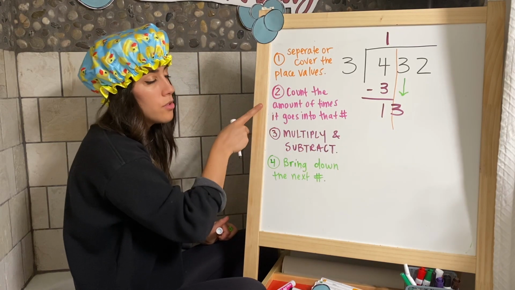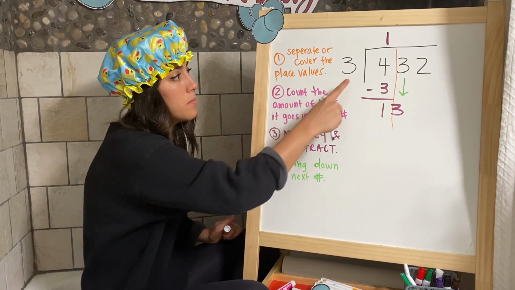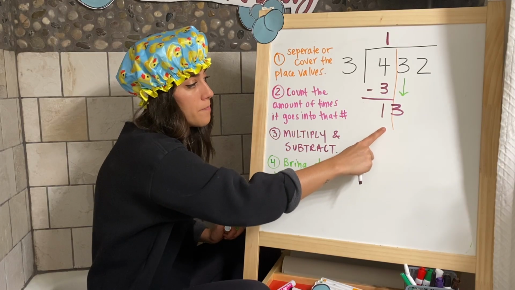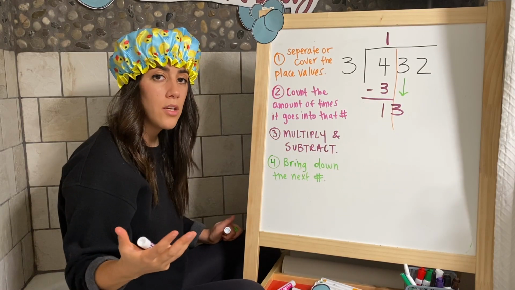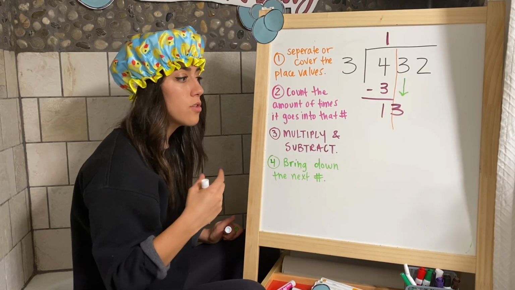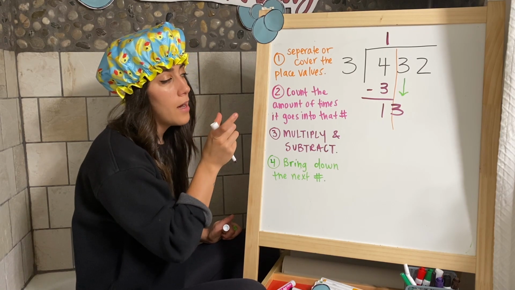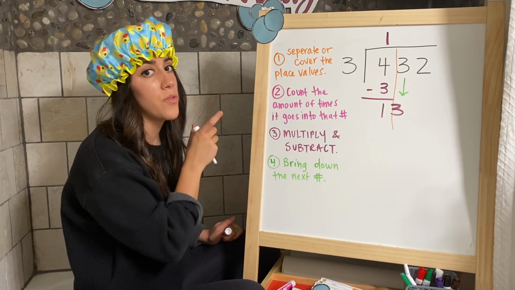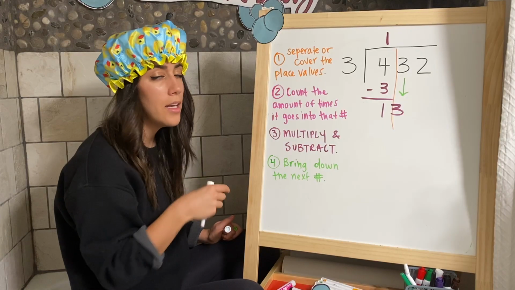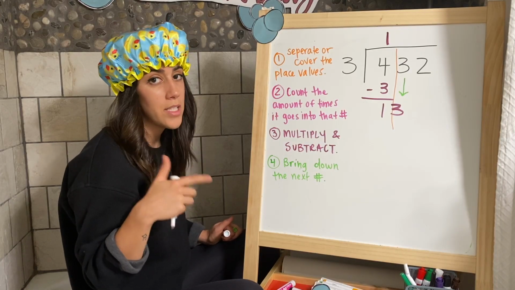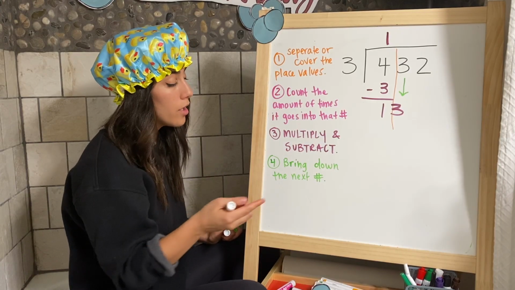So going back to step number 2, how many times does 3 fit into 13? You can use your multiplication chart, you can count with your fingers, or you could have the multiples of 3 facts written down somewhere in your journal off to the side, but I have memorized 3 times 4 is 12.